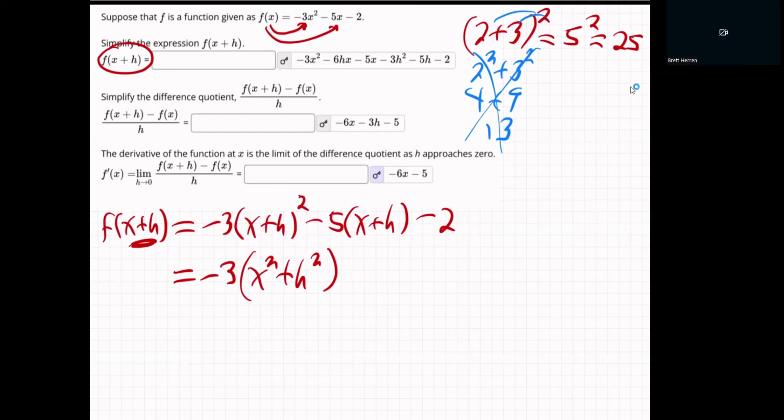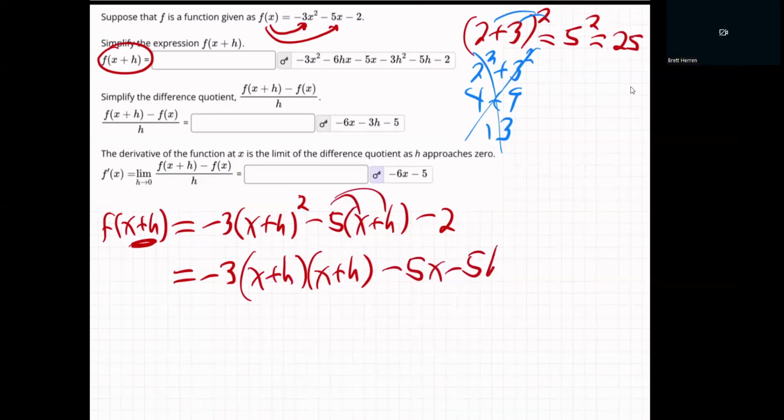Well, then what do you do? You got to write two of them and FOIL. That's what's true. You've got to come in here and write x plus h, x plus h. And then here the minus 5 is going to distribute: minus 5x minus 5h minus 2. So how do we carry this out?